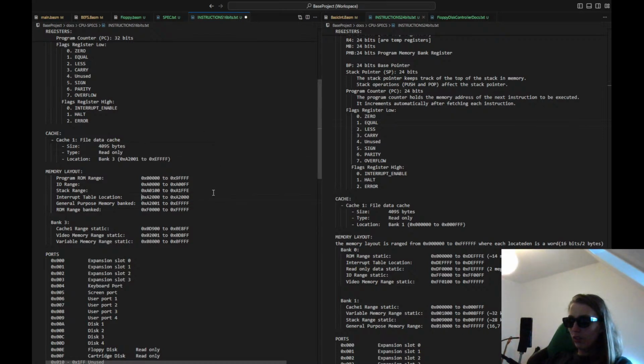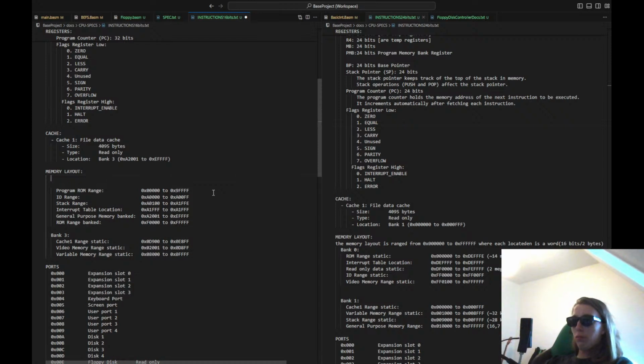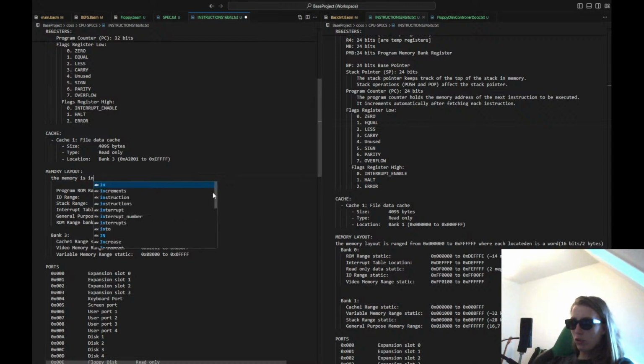Right here actually. A1FFF to A1FFF. Actually, sorry, that's two. We need 2 bits for this. Maybe I should say the memory is in... Should I maybe make it words? 1 bytes.